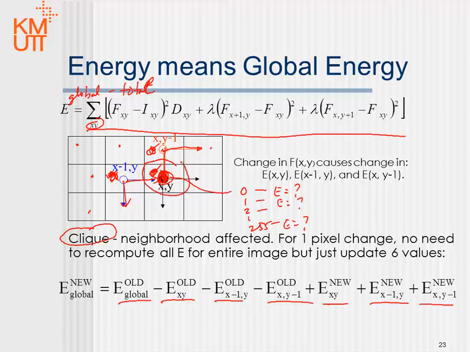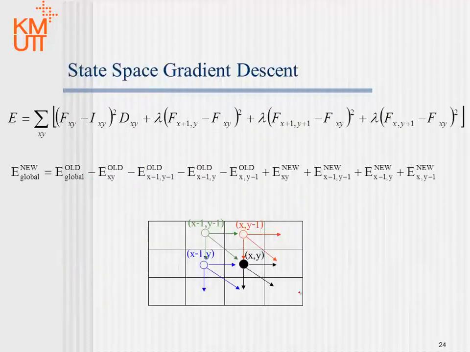Okay, so we could just subtract the old values and put in the new values, and that will be your new energy total. So instead of computing 10,000 pixels, we only need to recompute just a few values, actually like 3 values, instead of 10,000. So that's a smart thing to do. This is efficiency, but it's something everyone should know.